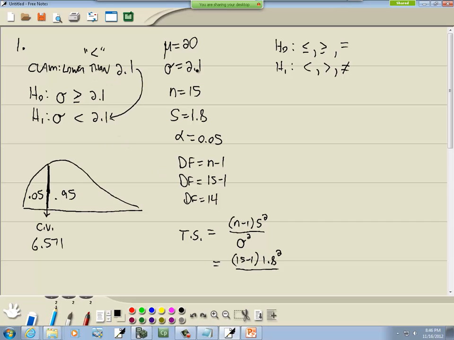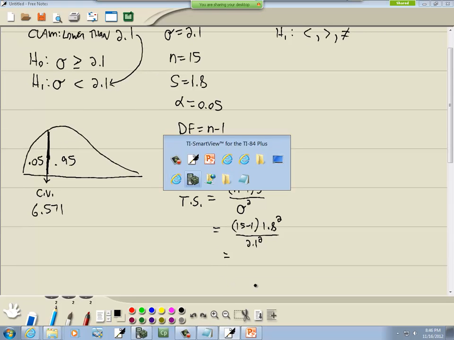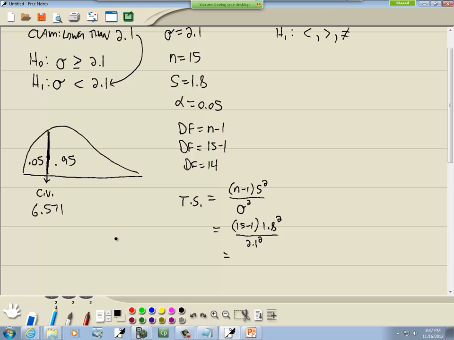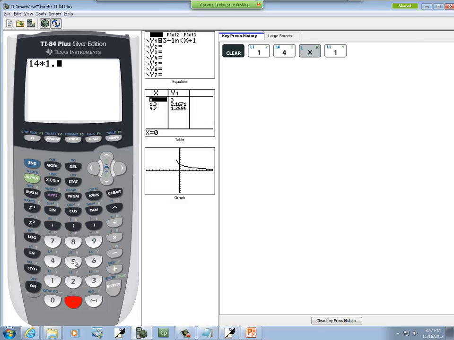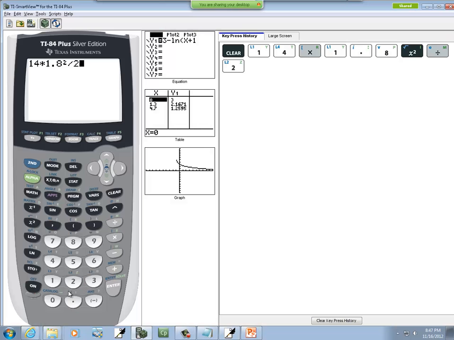Sometimes it's given over here in a side, but it's whatever this is. Well, these are 2.1s, so that'll be 2.1 squared. Okay, let's see what that gives us when we plug in our calculator. So I got 14 times 1.8 squared divided by 2.1 squared.